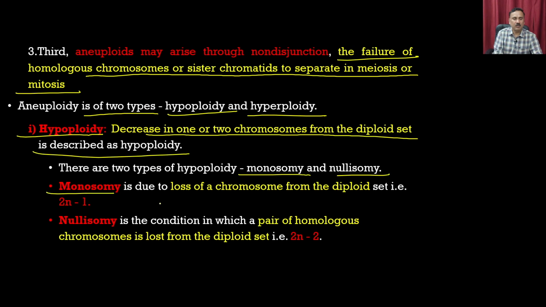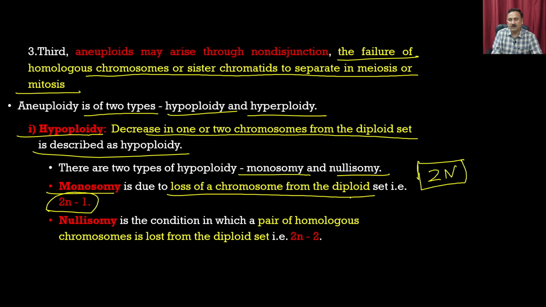Monosomy is due to the loss of a chromosome from the diploid set, for example 2n minus 1. Remember that all the chromosomes are present as the 2n number, so if there is a loss of one chromosome, it will be 2n minus 1, and that is monosomy. Whereas nullisomy is a condition in which a pair of homologous chromosomes is lost, that means 2n minus 2.